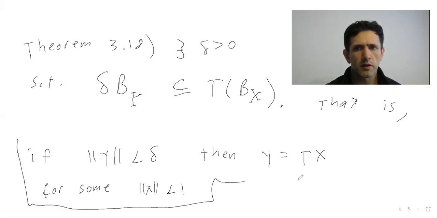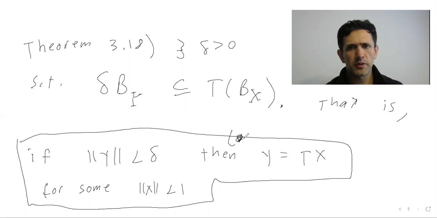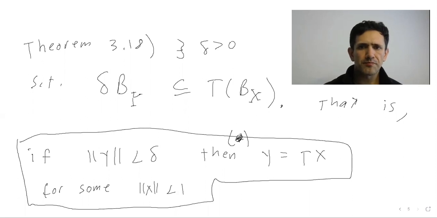Okay. So let me do a little reformulation of this that's kind of trivial using linearity. So this is what I need to prove: if the norm of y is less than delta, then y is Tx for some x with norm less than 1. y is in big Y, x is in big X.